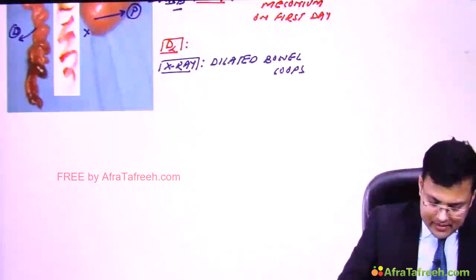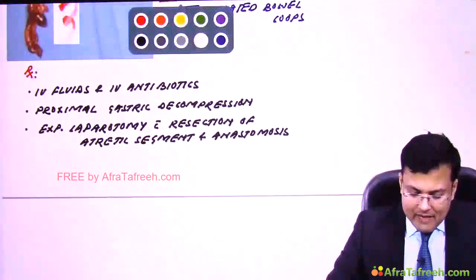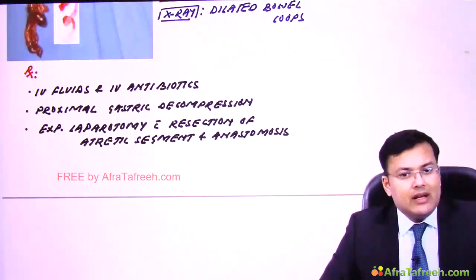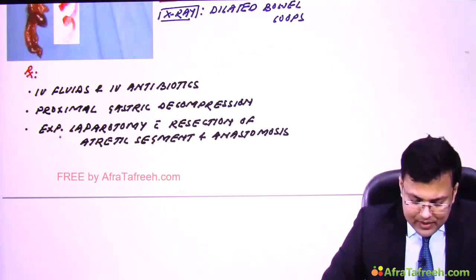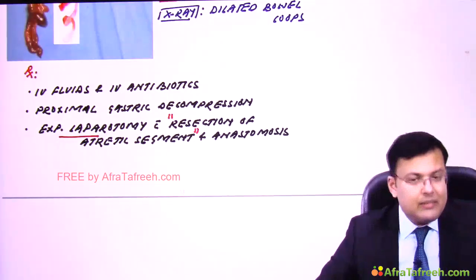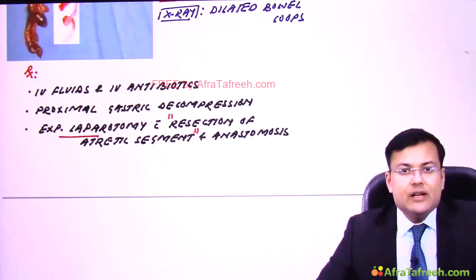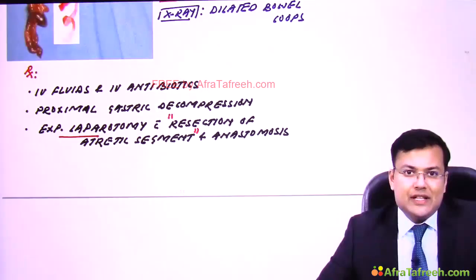So see the treatment: IV fluids and IV antibiotics, proximal gastric decompression, and after exploratory laparotomy, we resect the atretic segment and go for anastomosis. So this is how we manage the patients of jejuno-ileal atresia.